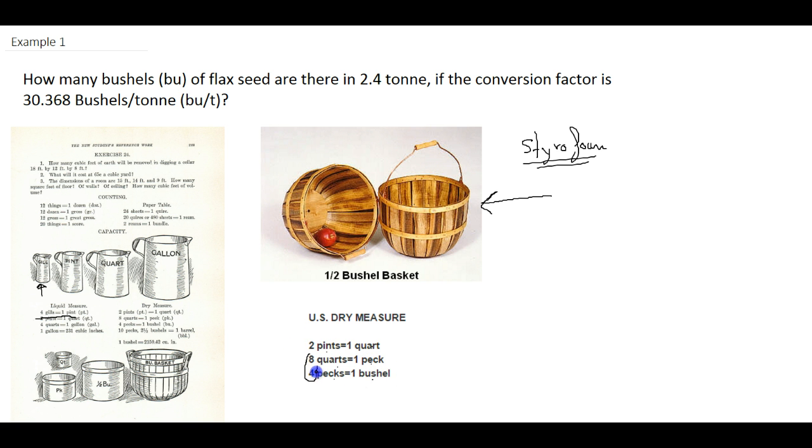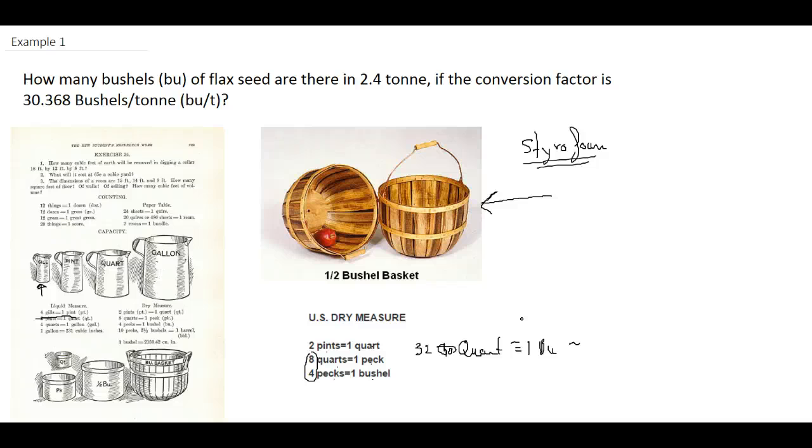So that means that we have 32 quarts equals 1 bushel, and that's approximate. So if you think of a quart sealer, if you ever made pickles or canned your tomatoes or made salsa, and you think of a quart, 32 of them.